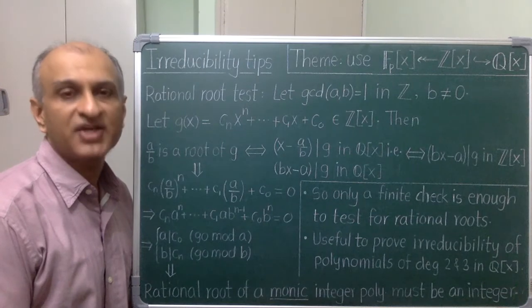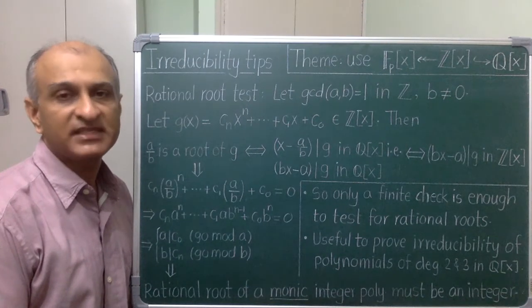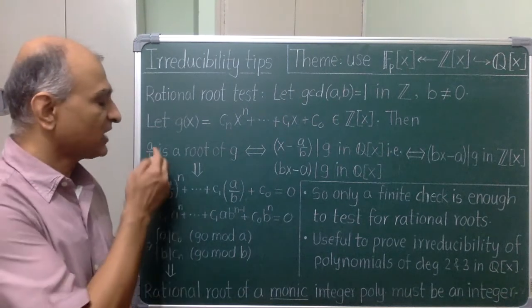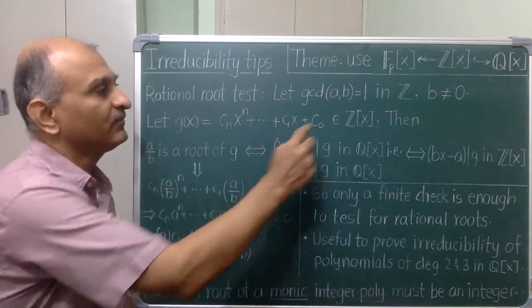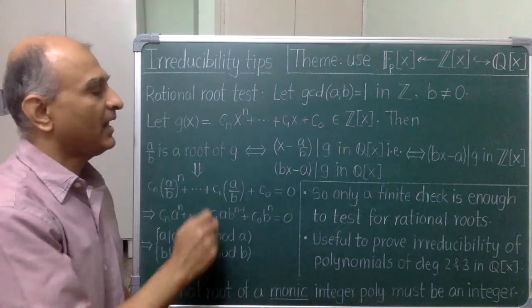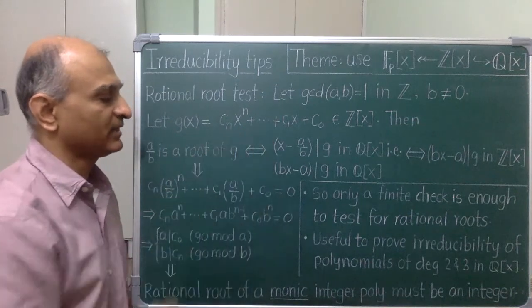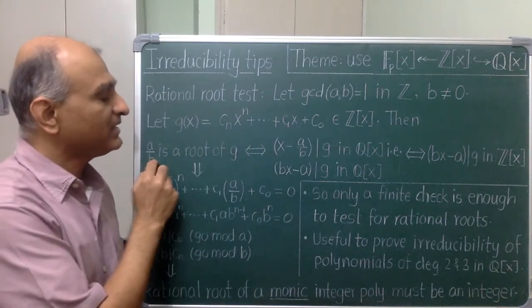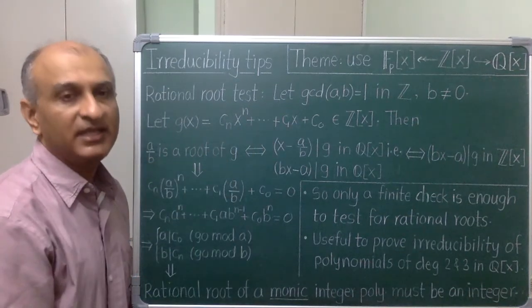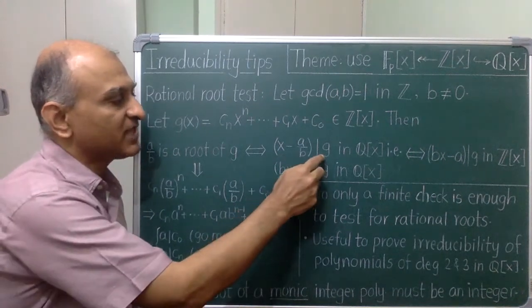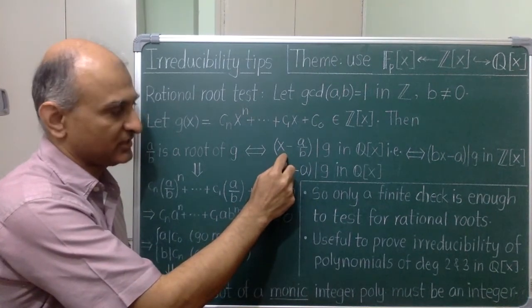Finally, we have the rational root test, which you may have seen in high school. Suppose I have a rational number a by b in its lowest form, and suppose I have an integer polynomial. If a by b is a root of g, then equivalently, g must have this linear factor over rationals.